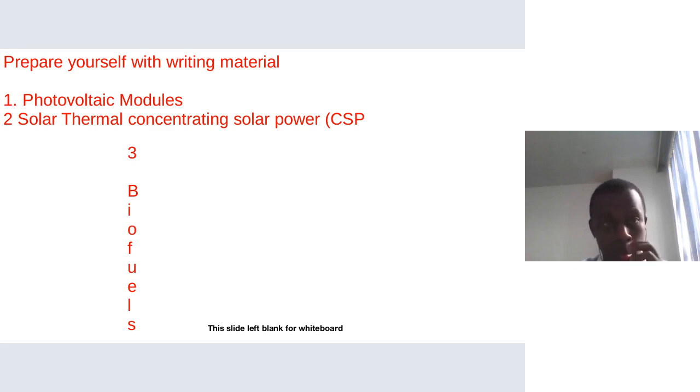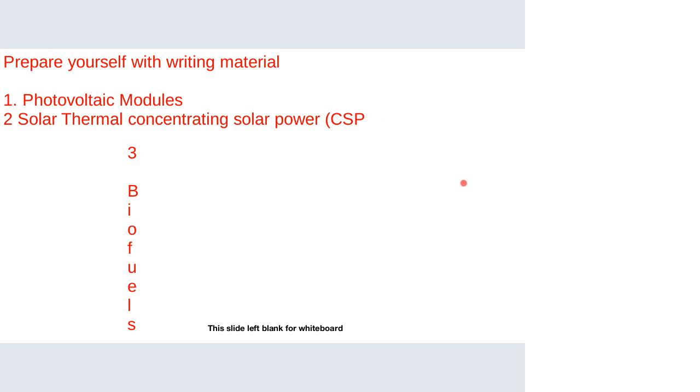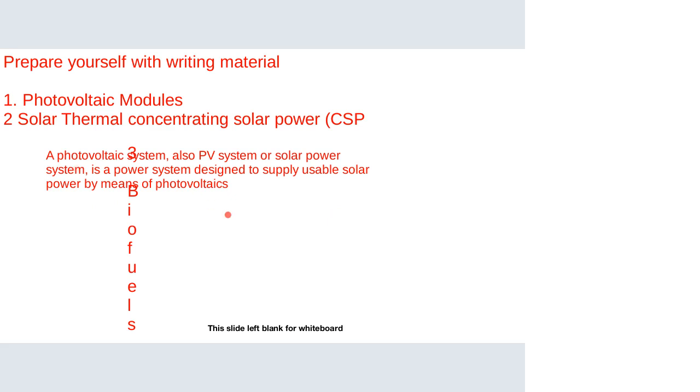As we all know, maybe we can start by defining what a PV system is. A PV system, or photovoltaic system, or solar power system, is a power system that is designed to supply usable solar power by means of photovoltaics.